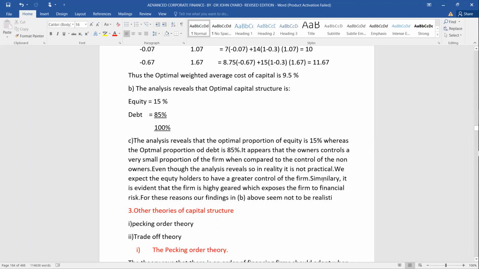Similarly, it's evident that the farm is highly geared, which exposes the farm to financial risks, which can expose the farm to financial distress.